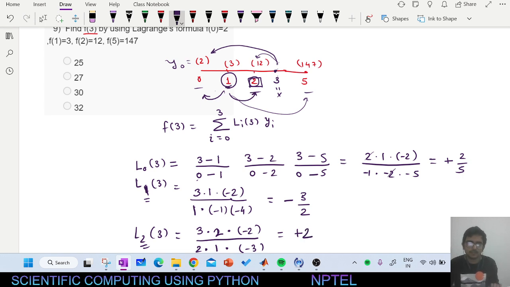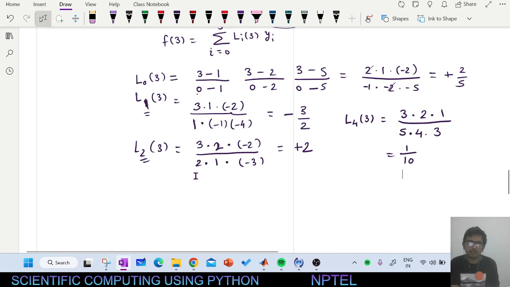And L3 of 3, again 3 minus 0, 3 minus 1, and 3 minus 2, upon calculating from 5. So 5, 4, and 3, right? So this 3 will get cancelled. So 1 by 10, right?